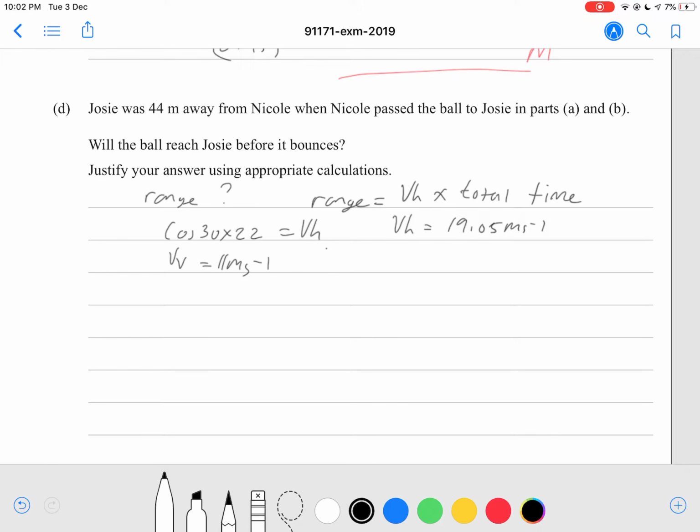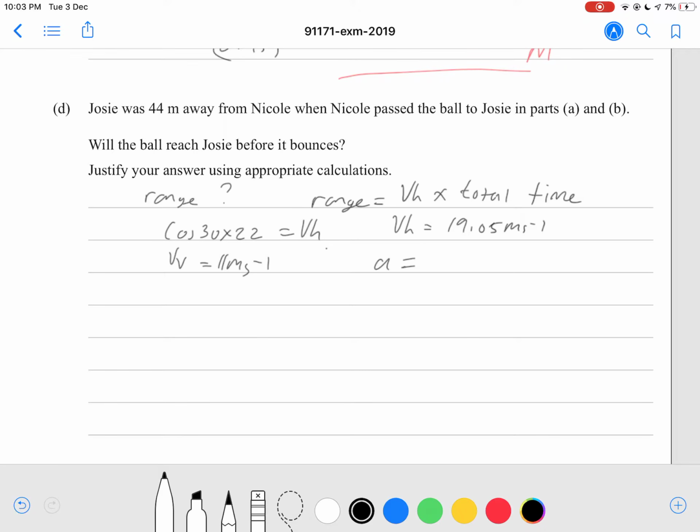It starts with a vertical velocity of 11 meters per second, and we're trying to find how long it takes to reduce to 0 meters per second. This is because at max height, the vertical velocity is 0. So we're trying to find how long it takes for gravity to make it 0 meters per second.